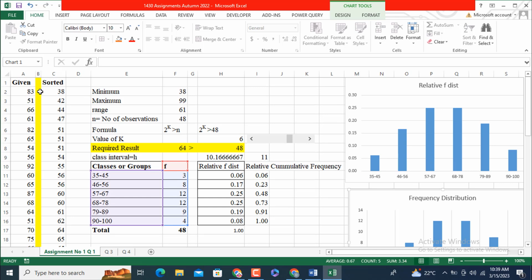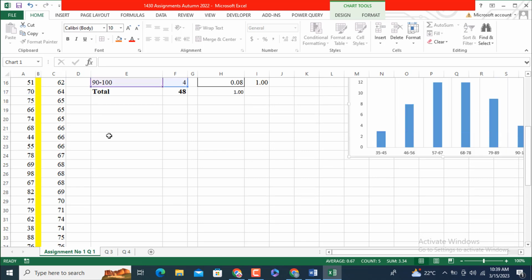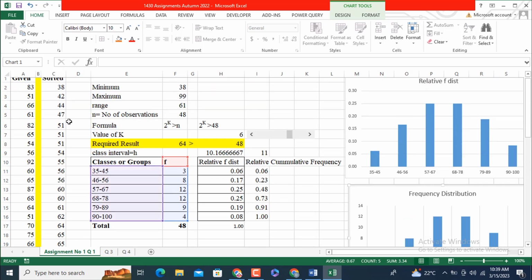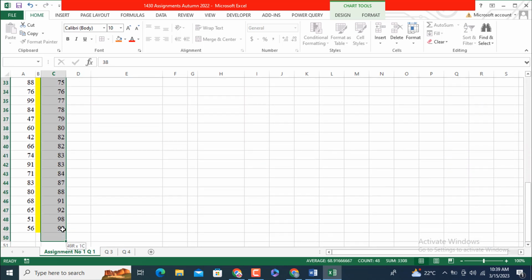So in the next column after column B, I have sorted it in ascending order. Look at this, and the number of observations is 48, as mentioned in the question statement. Let's recheck it with the help of count. Select this column C, and you will see that the count is equal to 48.